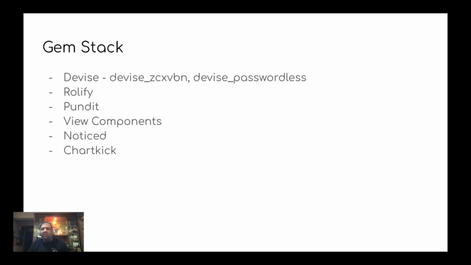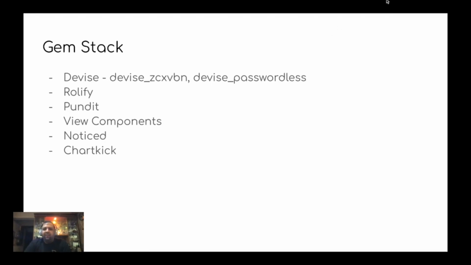These components are shareable. You could build a design system with them, and there are a lot of good advantages to it. Apart from the speed, which is much faster than rendering partials across the system. We also used the Noticed gem, which is for delivering notifications, and Chartkick for building the charts.